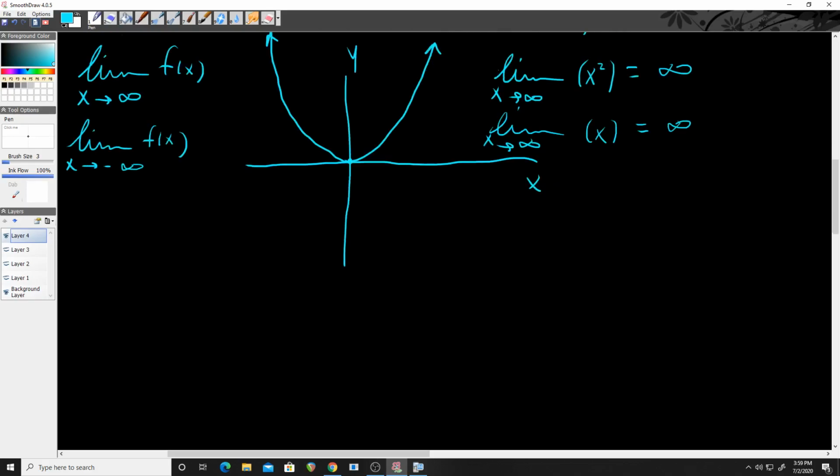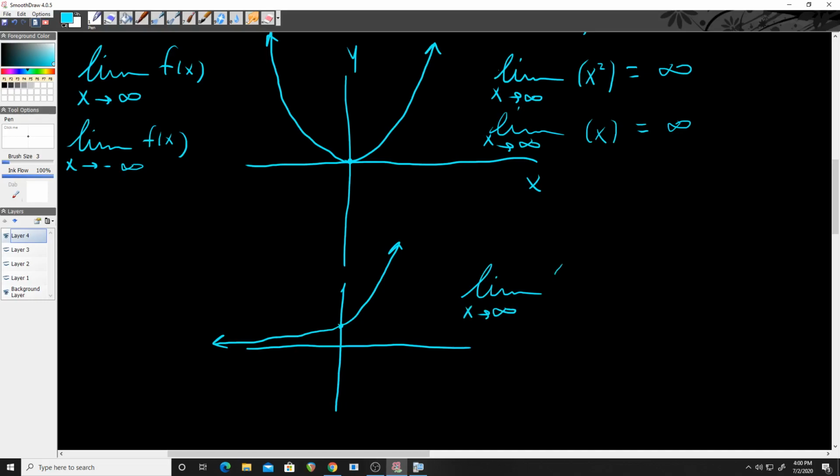That's one situation. What about this situation? Here's the exponential, for example. There's one half of the exponential, and here's the other part. Here, the limit as x approaches infinity, if this is the natural exponential, e to the x, we can see that this is increasing to infinity.